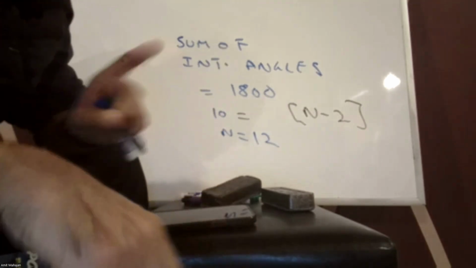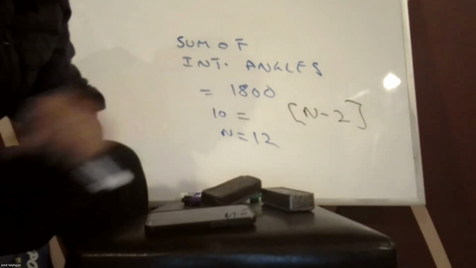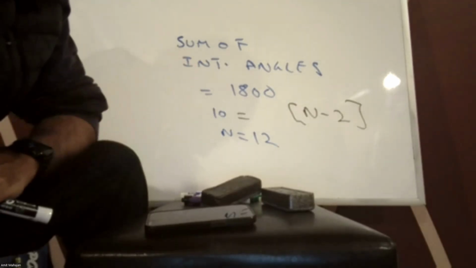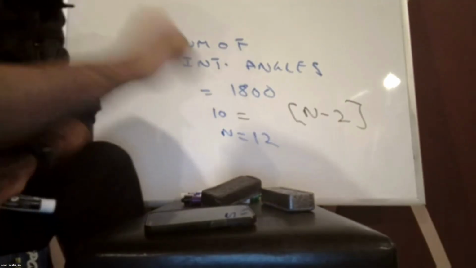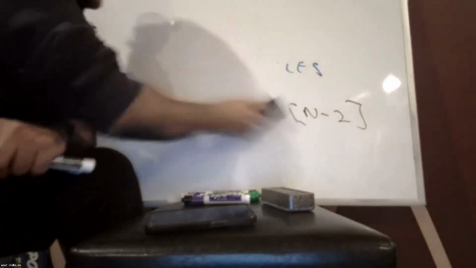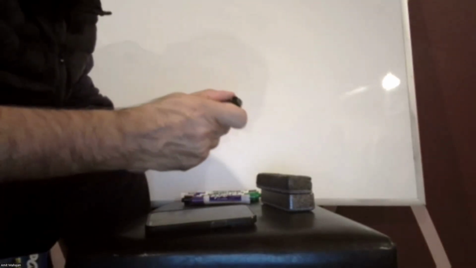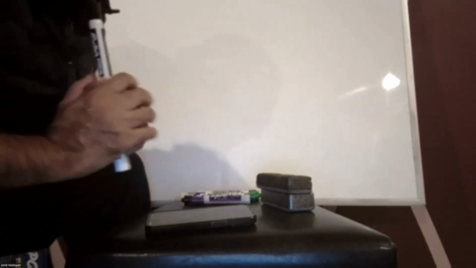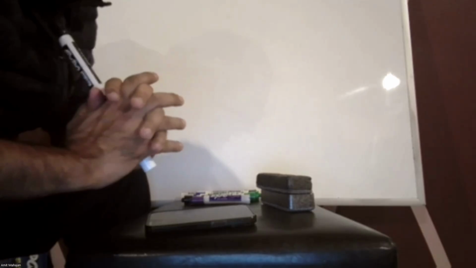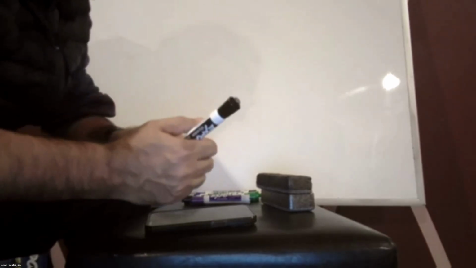Now, I have still not tested you on the second formula because I want to see if you can apply this first formula. Okay, hold on, guys. Now, please listen. When I'm talking, you need to listen, okay? Now, the second formula I'm going to test, and the reason I'm testing you is because these formulas are important. To find the interior angle, okay?